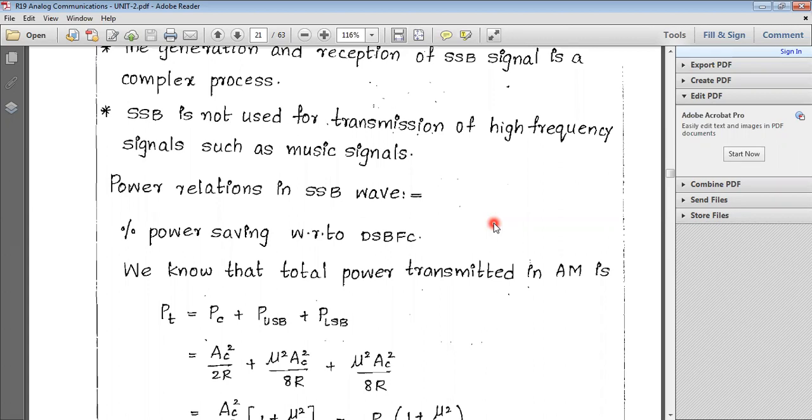How much power is saved when we compare with double sideband with full carrier? Already you know double sideband with full carrier is also called the conventional technique, that is AM. So in the first case, we observe the percentage of power saving with respect to DSB-FC, which is nothing but normal AM.